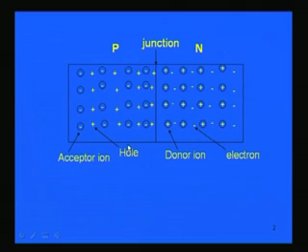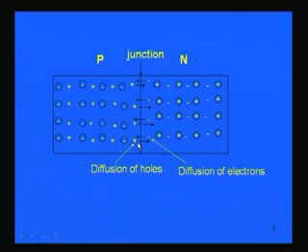Exactly similarly, because of this difference in concentration, the holes will start moving from p type to n type, and this process is called diffusion. So, these holes will be crossing over the junction from left side to the right side and the electrons will be crossing the junction from the right side to the left side. This process is called diffusion. So, diffusion of holes and diffusion of electrons will take place whenever you bring a p-n junction together.